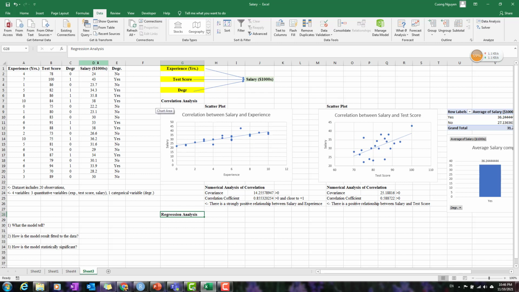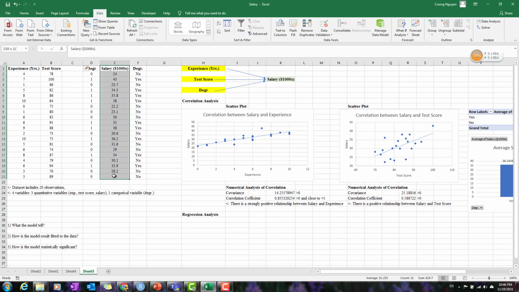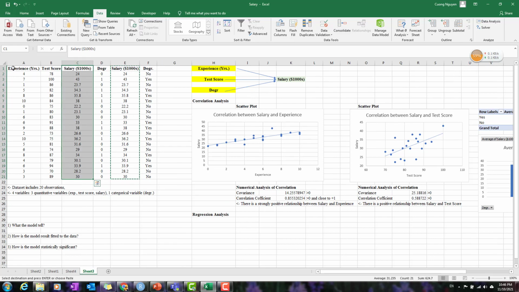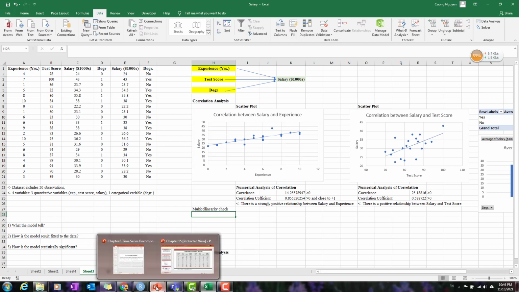With me it's a little bit different, so I will have to insert and copy the quantitative variables. I will not run it yet, but first I will highlight the multicollinearity check, because I want to check for the multicollinearity problem.